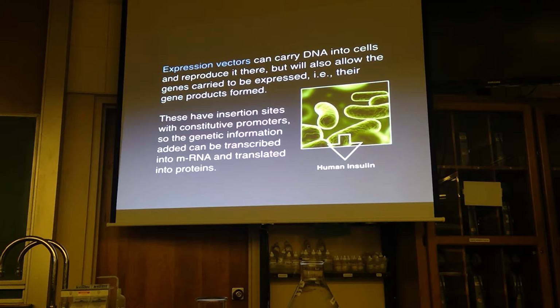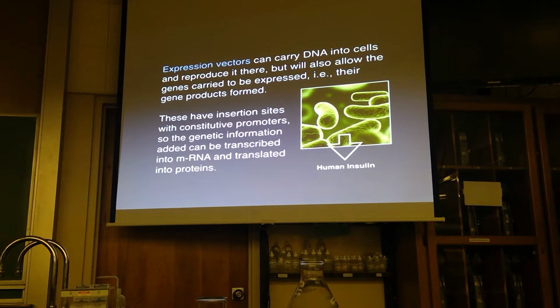So you can't take just the gene for human insulin and put it into E. coli. They can't do anything with it because, normally, the genes that encode insulin would encode messenger RNA, and then post-transcriptional modification happens. Introns are cut out, exons are put together. Bacteria can't do that.